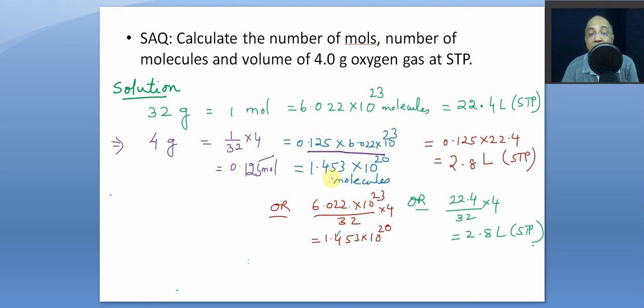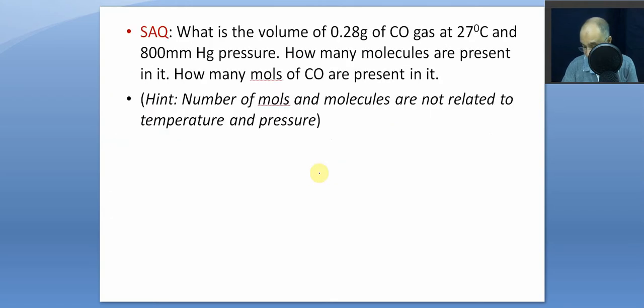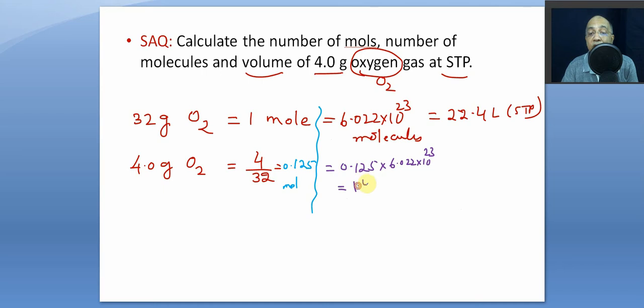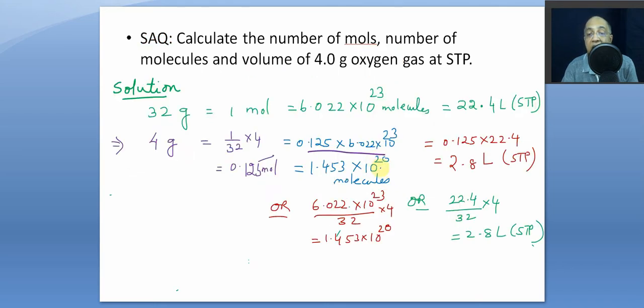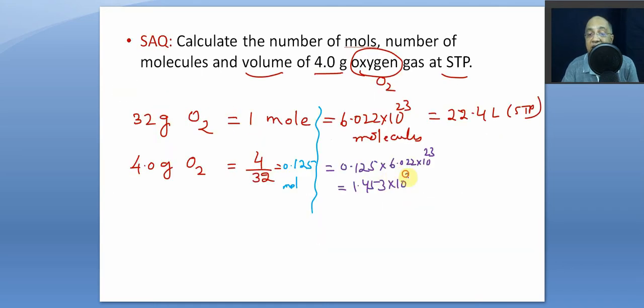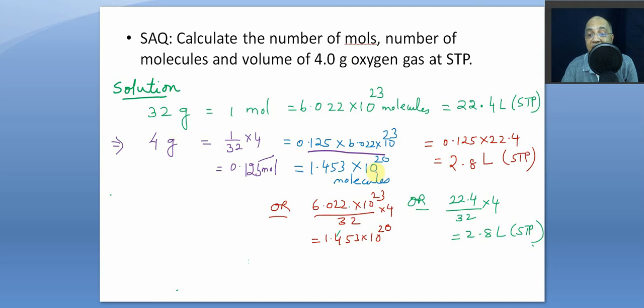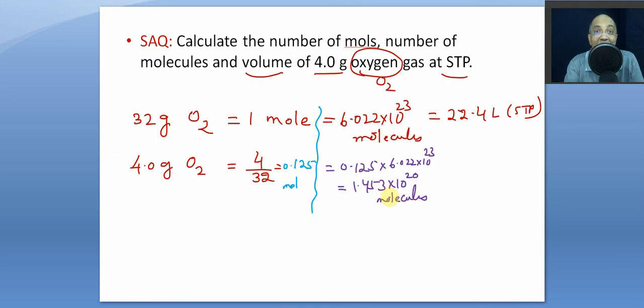It is coming 1.453, I'm sorry, 1.453 into 10 to the power 20 molecules. Just check. If at all I am wrong here, I will also be wrong there because I am just copying.